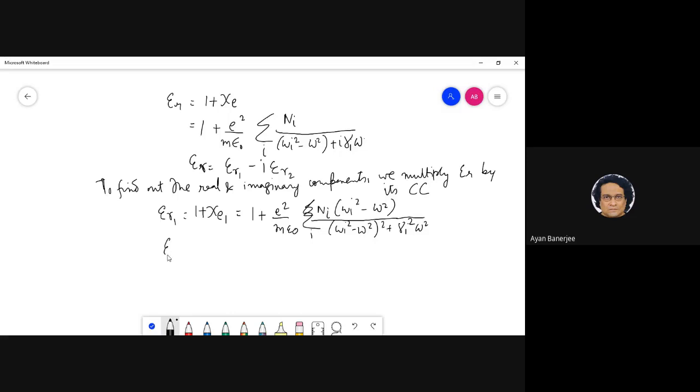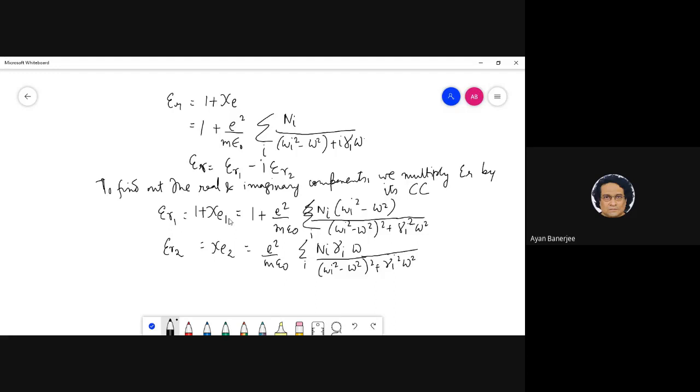And your epsilon r2 will be just chi e2, that is equal to E square by m epsilon naught, summation over i, N i gamma i omega divided by omega i square minus omega square whole square plus gamma i square omega square. Okay, so this is the imaginary part, that is the real part, right?